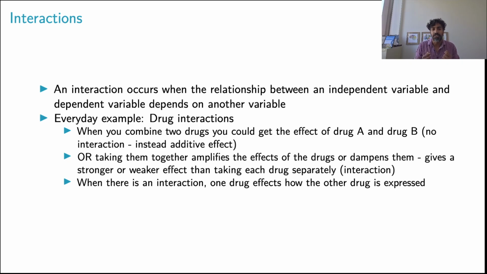There may be an interaction effect where when you take the two drugs together, you get even more sleepy than if you were to take the sleepiness drug alone, or even more physically active than if you were to take the physically active drug and the hungry drug together. So when there's an interaction, one drug affects how the other drug is expressed.